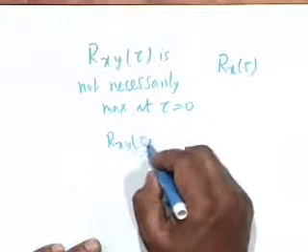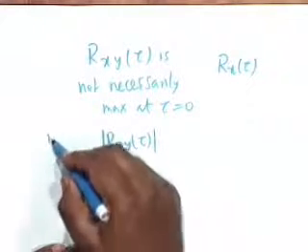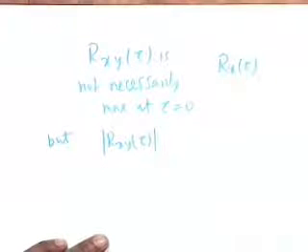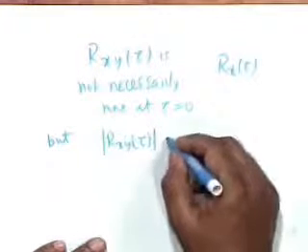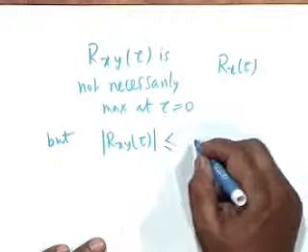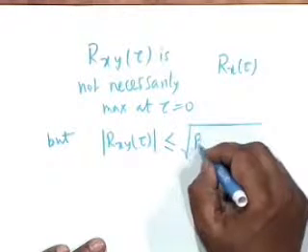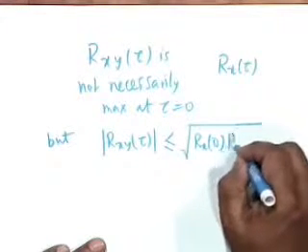But it can be shown, we are not proving this, that mod Rxy of tau is less than or equal to the square root of Rx of 0 and Ry of 0.